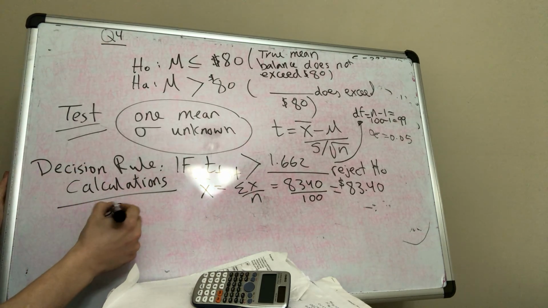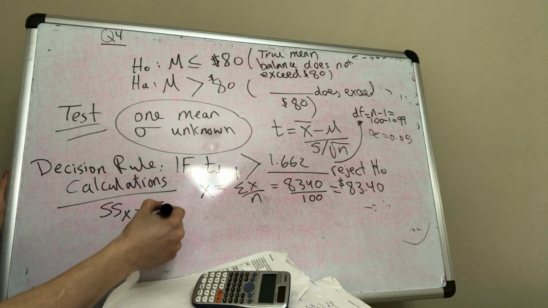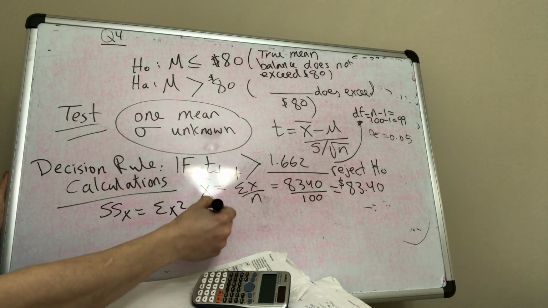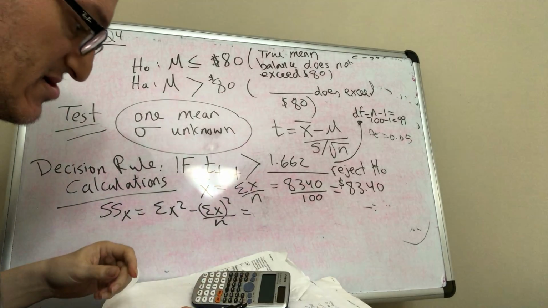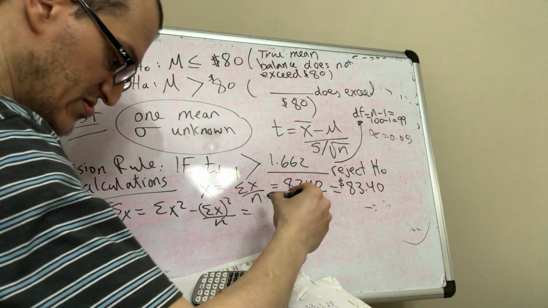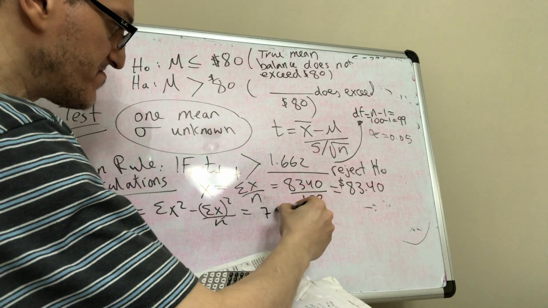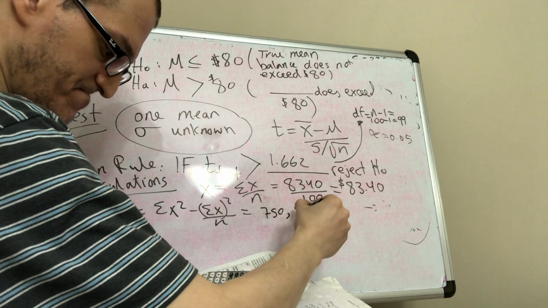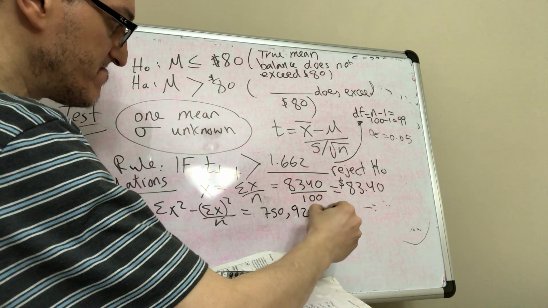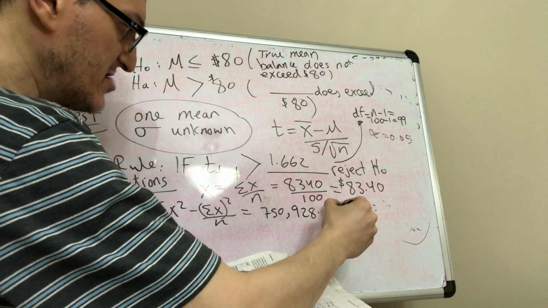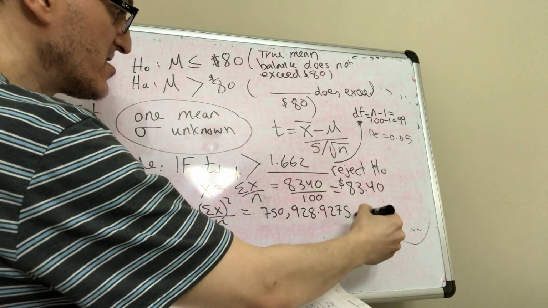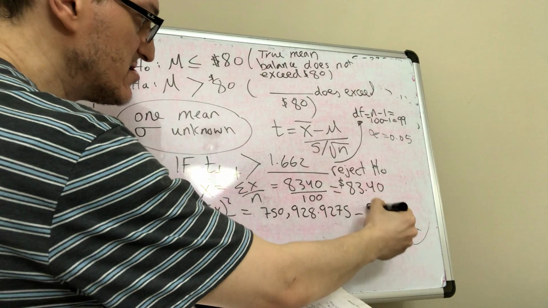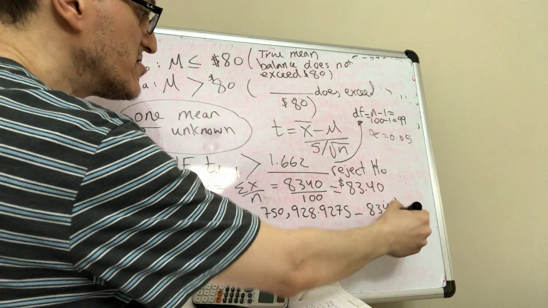The three steps: total variations, so we need the sum of x squared. They give it to you. It's 750,928.9275. The sum of x is 8340.